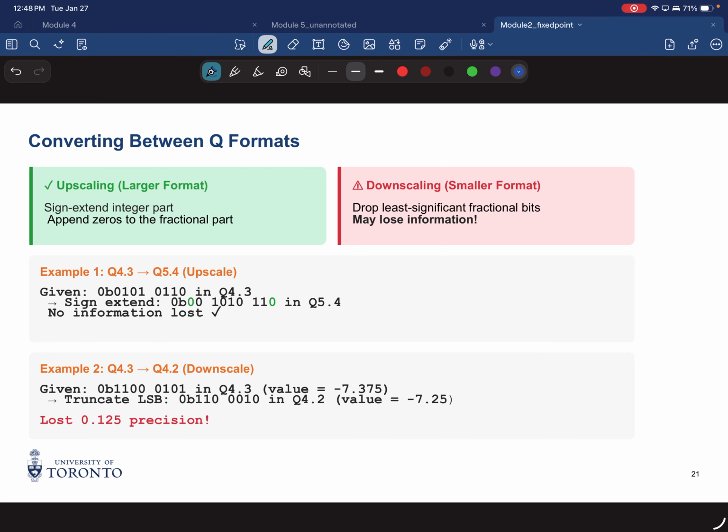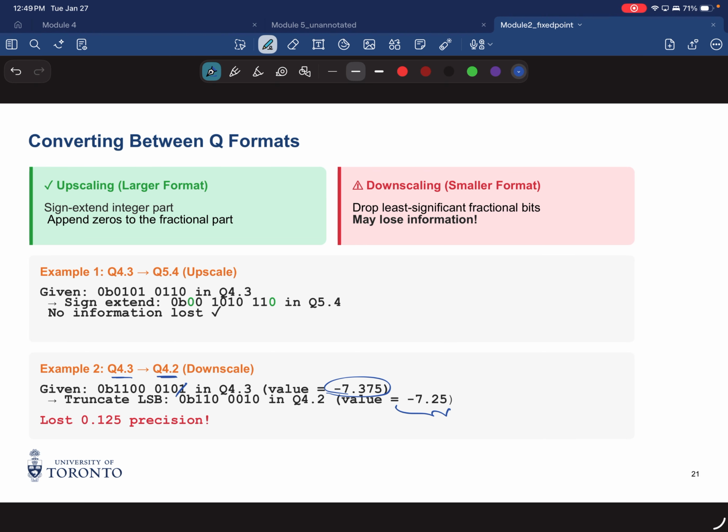If you're downscaling, though, you have to be careful because you can't just downscale. For the fractional bits, when you're downscaling, you might have some errors, right? You lose some information. For example, here, when you're going from Q4.3 to Q4.2, that means dropping one of the fractional bits. If you drop one of the fractional bits, when you're showing minus 7.375, you would end up with minus 7.25 if you just remove this bit.